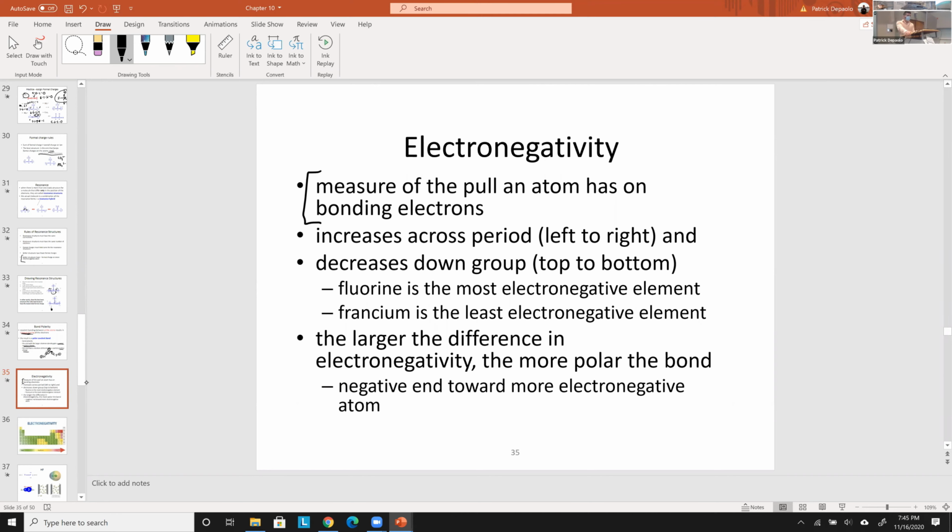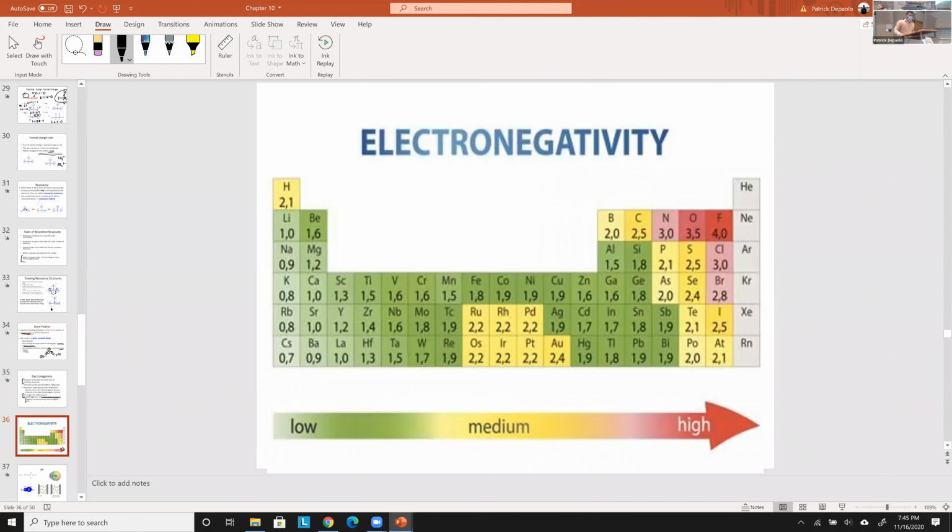The larger the difference in electronegativity between the two atoms, the more polar the bond is. When it's negative, the more electronegative atom is the negative end. That's what this broken English is trying to say. I didn't write that. Anyway, so there is the electronegativity chart.